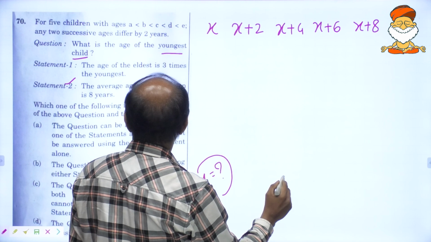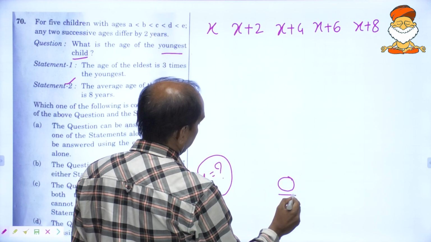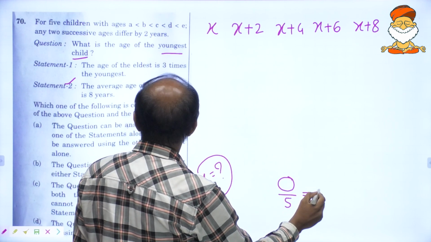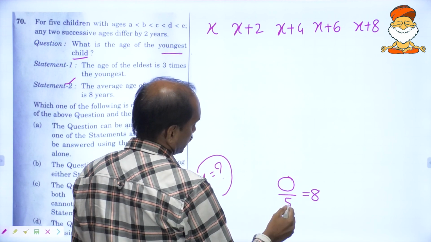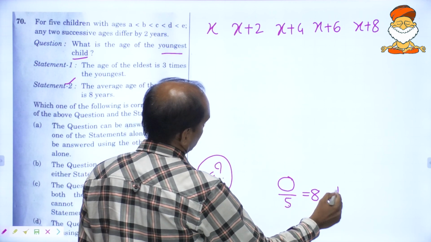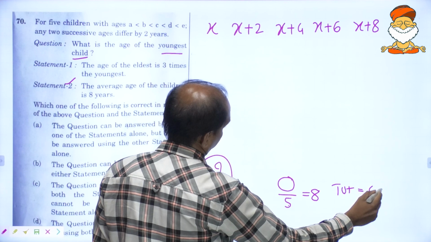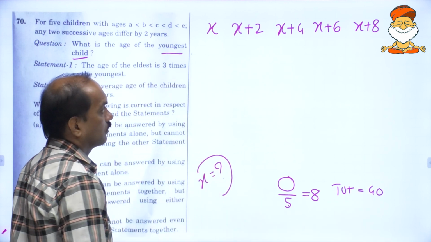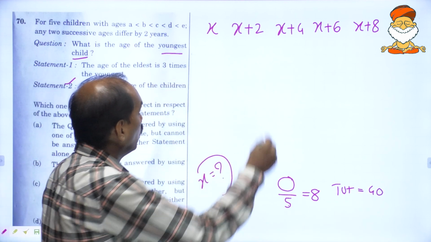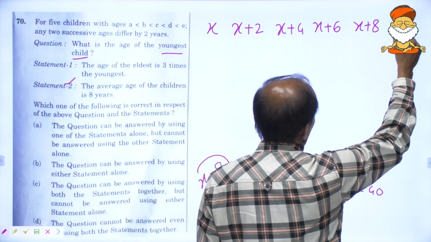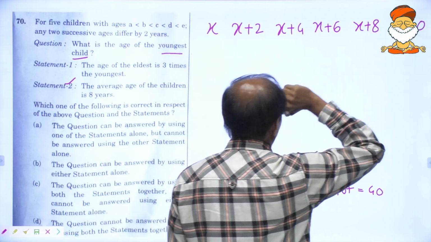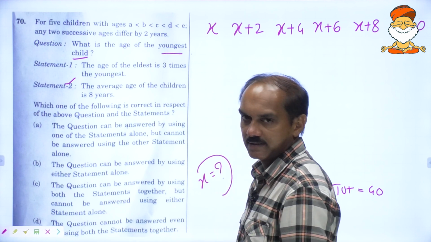Add all these, divide by 5, gives you 8. If you shift 5 to the other side, the total will be 40. And if we know the total is 40, then you can find out the value of X.